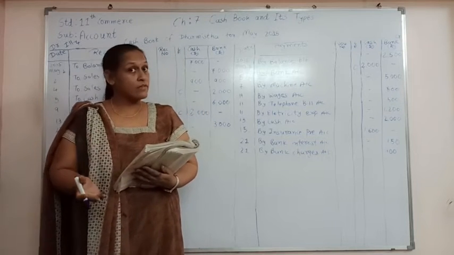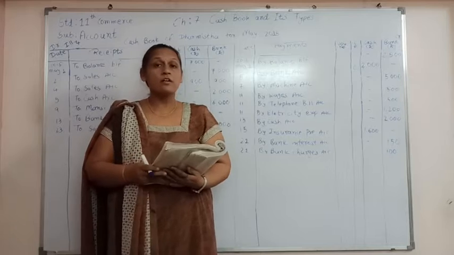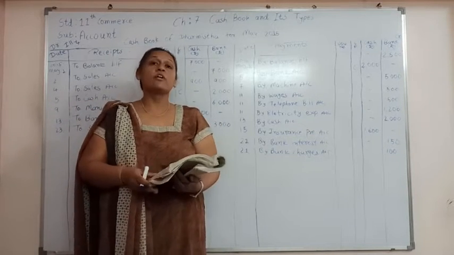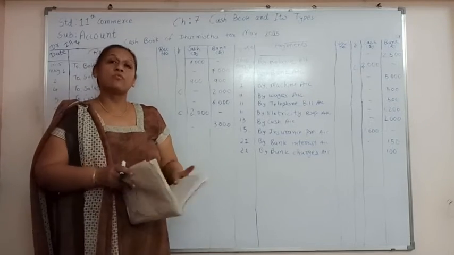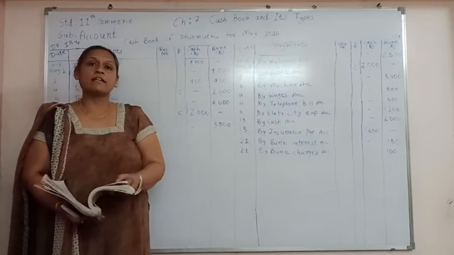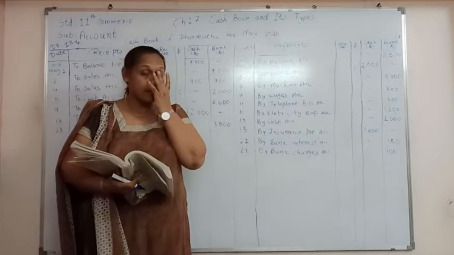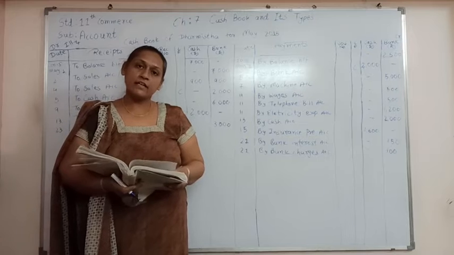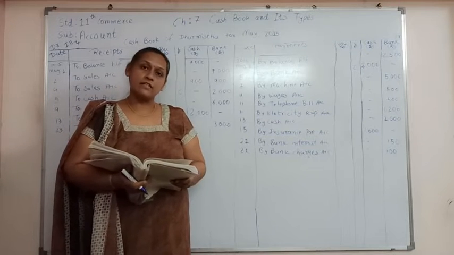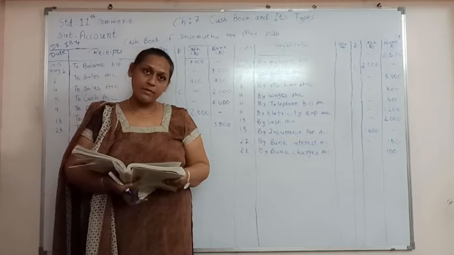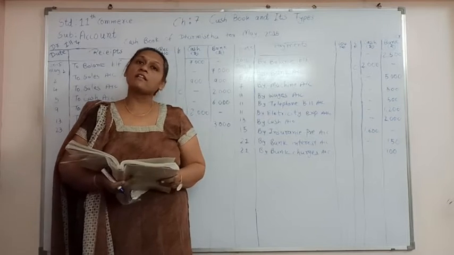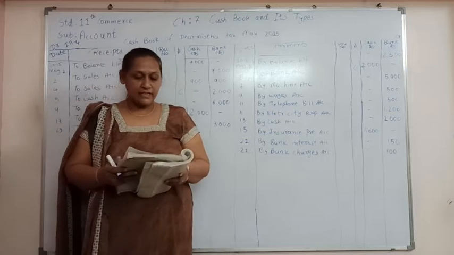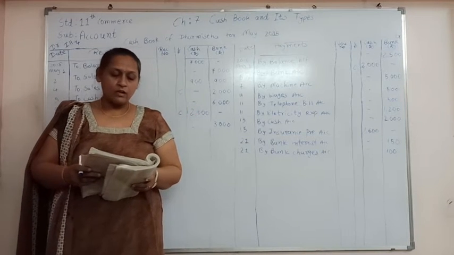So in the journal proper we are going to write the journal entry, that will be Sejal account debit to Tejal account, and the amount will be 3000.